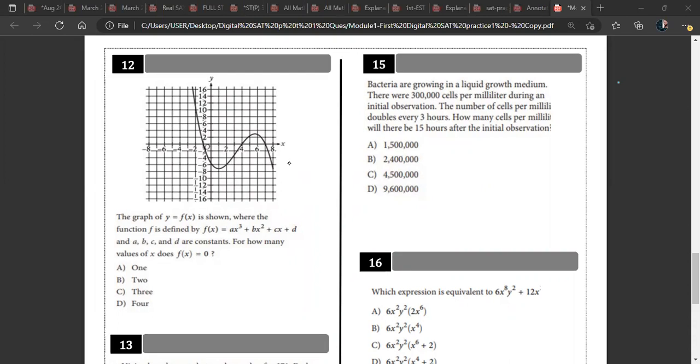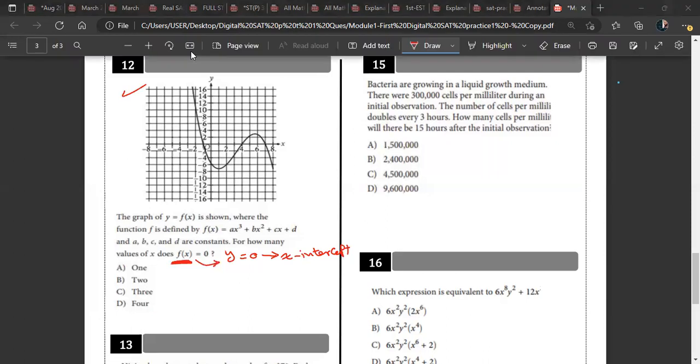f(x) means what? f(x) means y equals 0. And if y equals 0, he asked about the x-intercept. So how many x-intercepts do you have here in the graph?